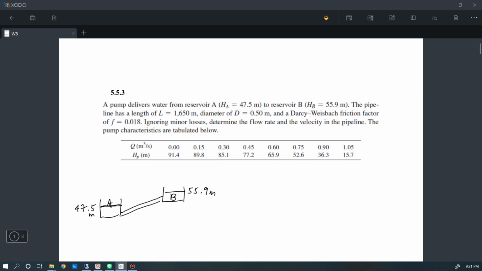The length of this pipeline, L, is equal to 1050 meters, and the diameter is equal to 0.5 meters.